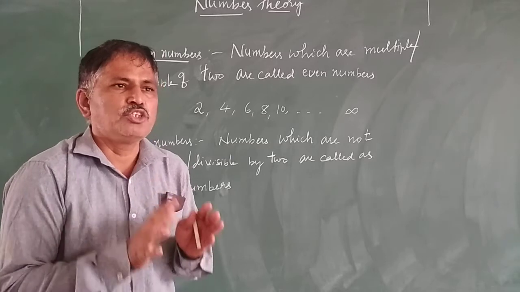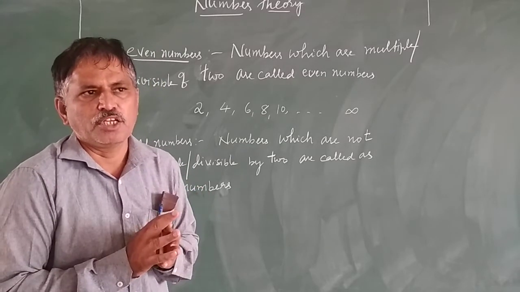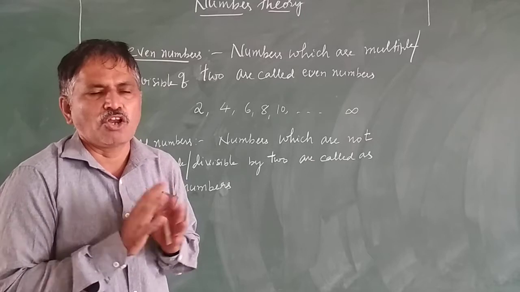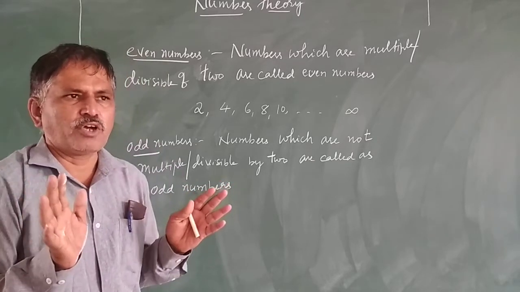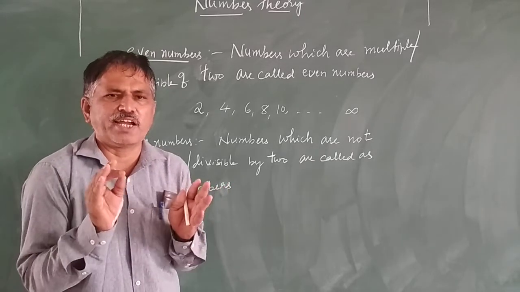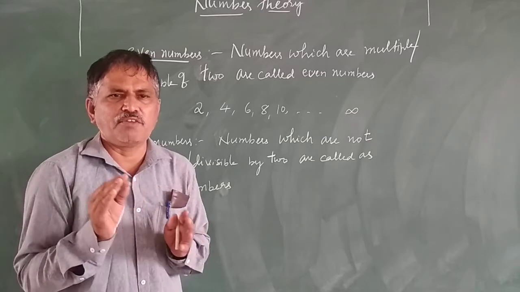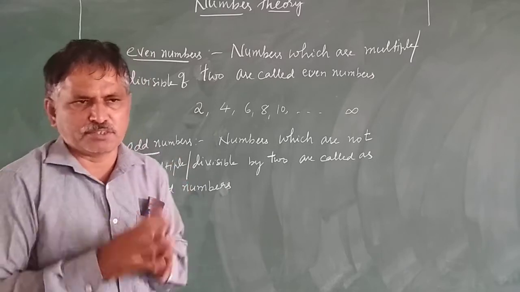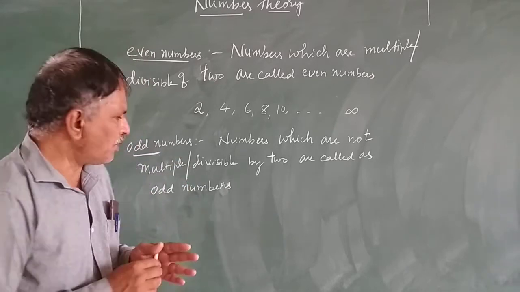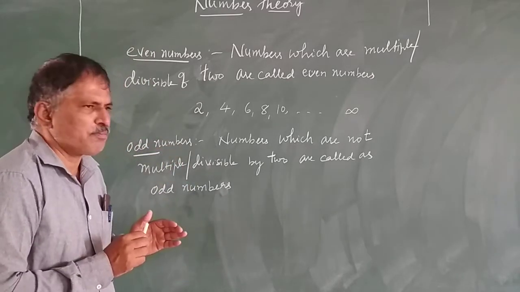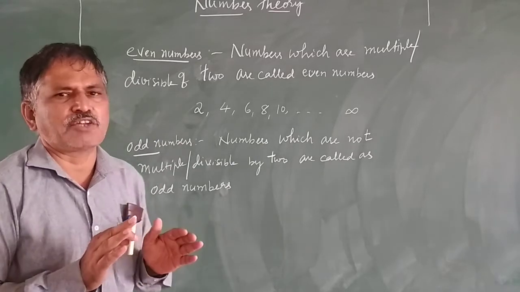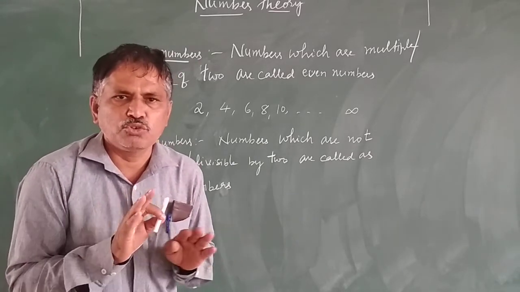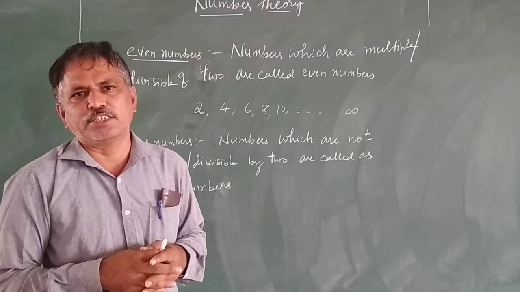When you divide, you should get a natural number, not a decimal. When I divide 6 by 2, I get exactly 3. When I divide 7 by 2, I get 3.5, which is in decimal form. So when it is divisible by 2, you should get the exact value, not a decimal.